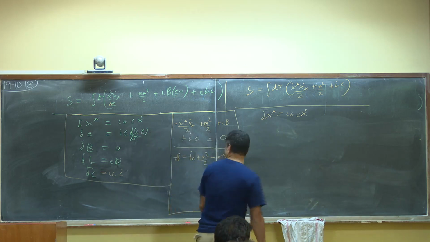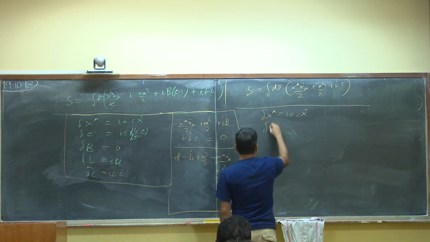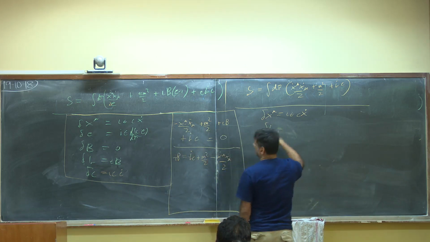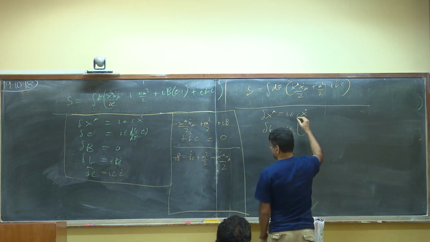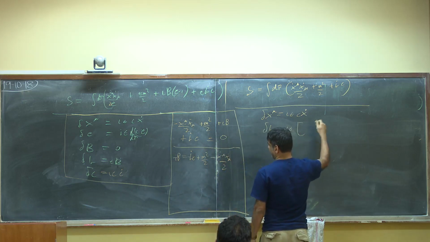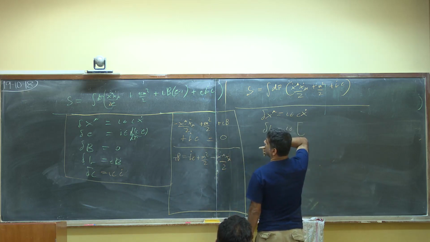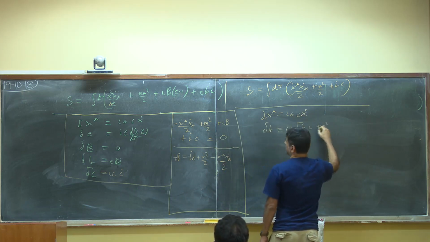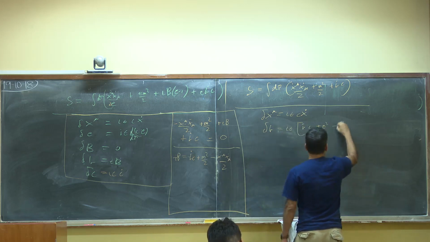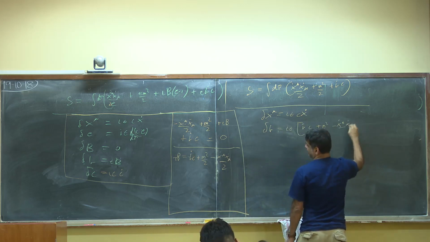Neither delta T. No, neither delta B. So little delta B is equal to now I epsilon times B dot C plus M squared by 2 minus x mu dot by 2.